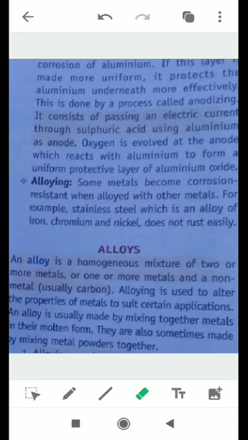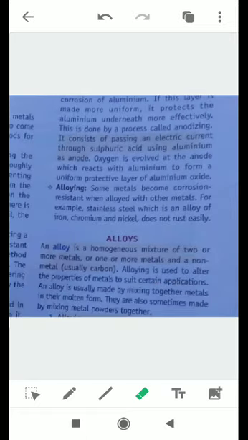The alloy loses some properties of the metals it is made of, new properties are generated, and other properties of the metals are lost.